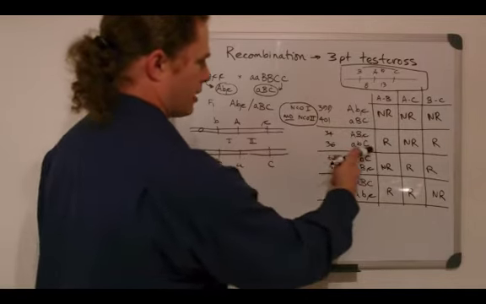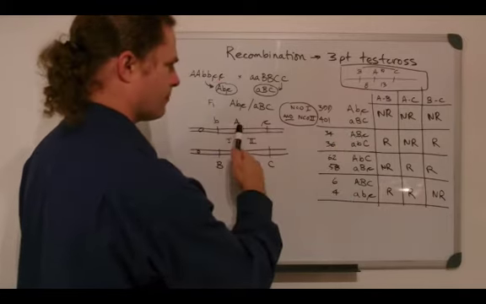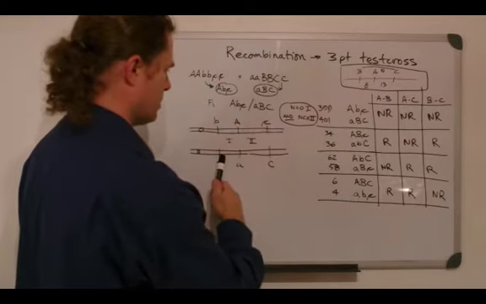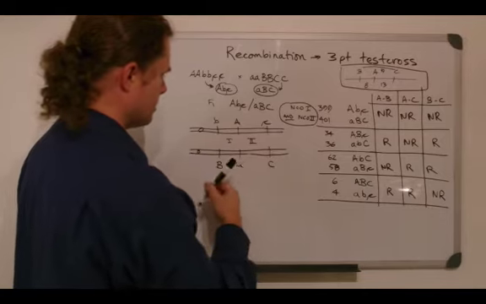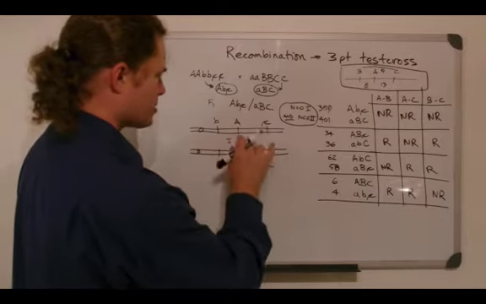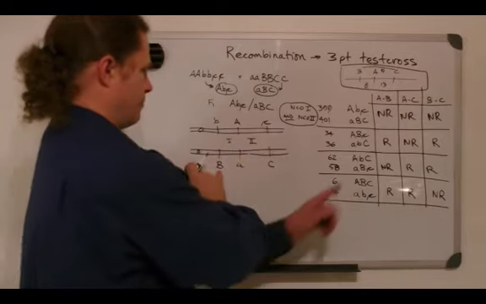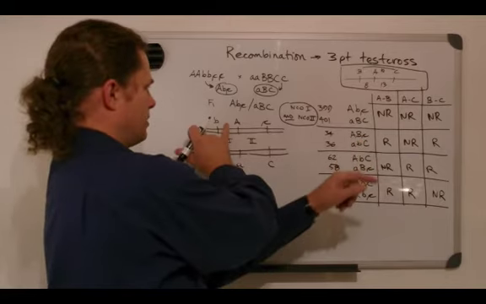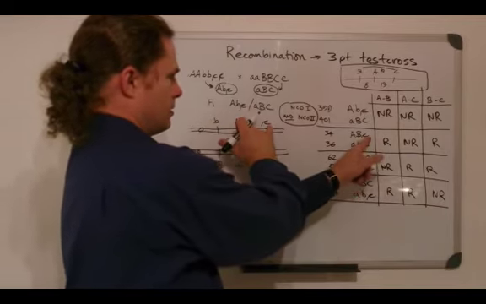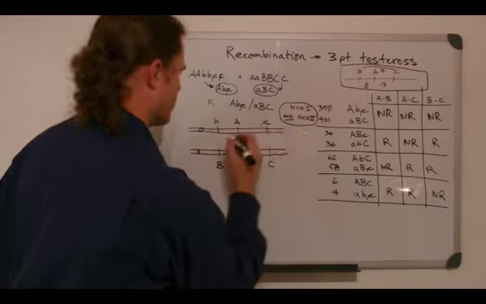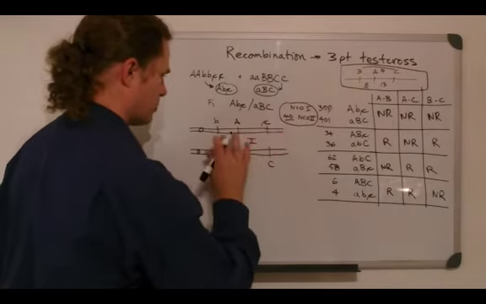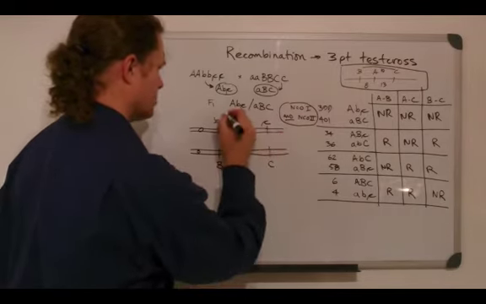Let's look at this one here now. A big A with a big B and a little c. So now in this order, there we go, big B, big A, little c. That requires a single crossover in region 1. Maybe I'll just put these up here.